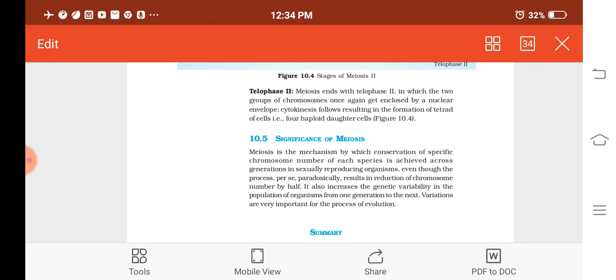Because in sexual reproduction, fusion of male and female gametes is a must, and if fusion takes place with the same number of chromosomes, then it will be troublesome. So first the chromosome number of the gametes is reduced to half, so that after their fusion, the chromosome number will remain the same. In this way the chromosome number of generations can be kept the same.